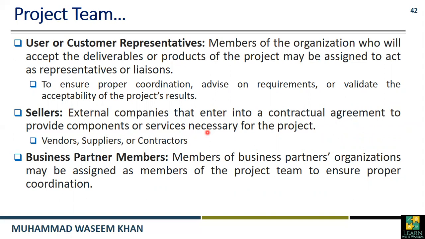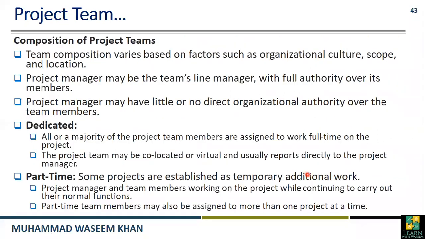And similarly, we can have other contractors or sellers as well. And business partner members: members of business partner organizations may be assigned as members of the project team to ensure one thing, and that is proper coordination.